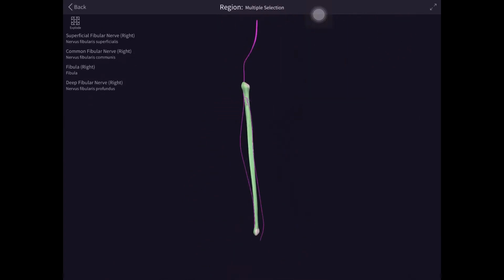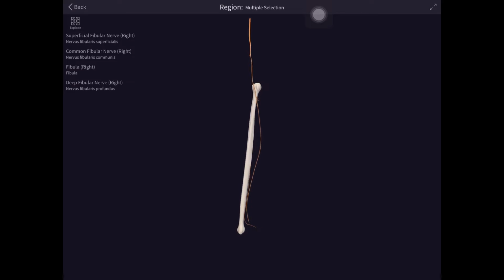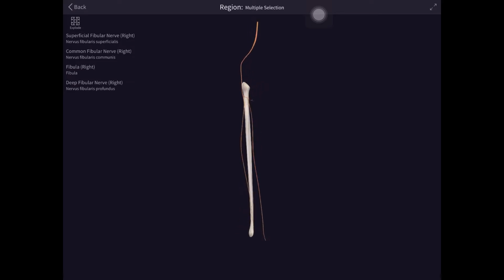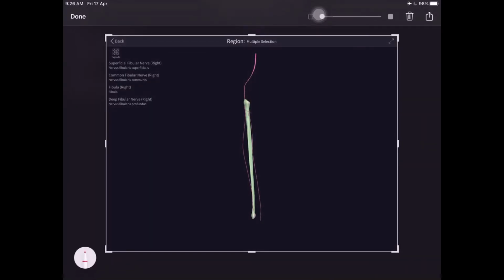Now you see here, the common peroneal nerve is a little posterior, then lateral to the neck, and here it is dividing into two divisions. In anatomical position, one is going anteriorly, the other is going laterally. The anterior division is what we call the deep peroneal nerve, and the lateral division is called the superficial peroneal nerve.